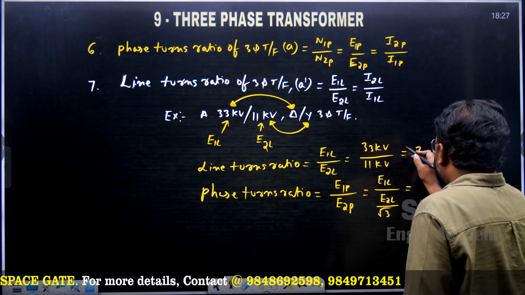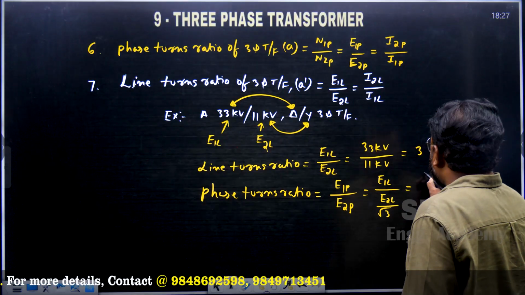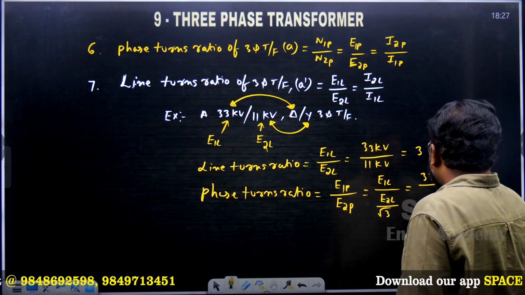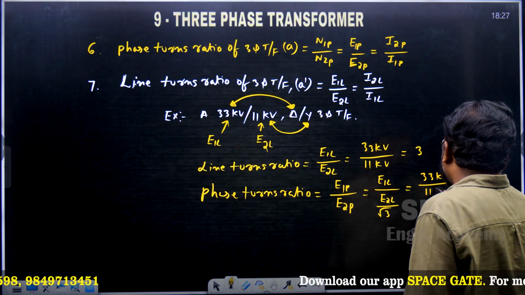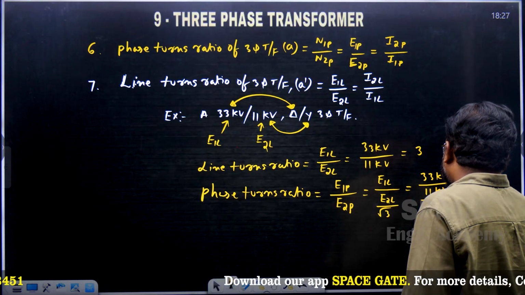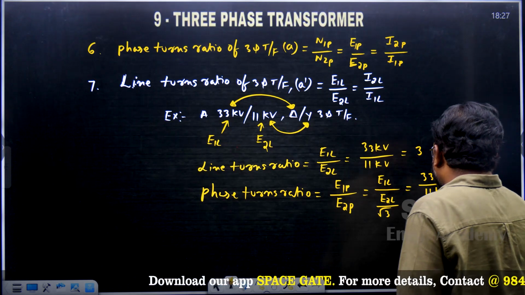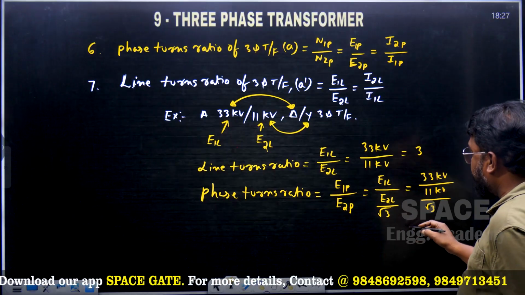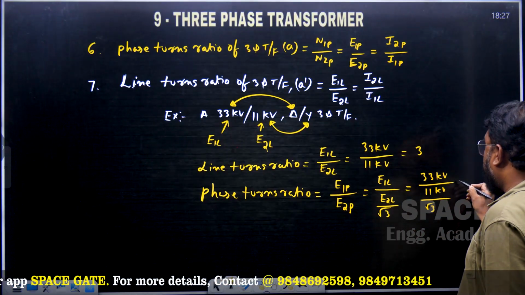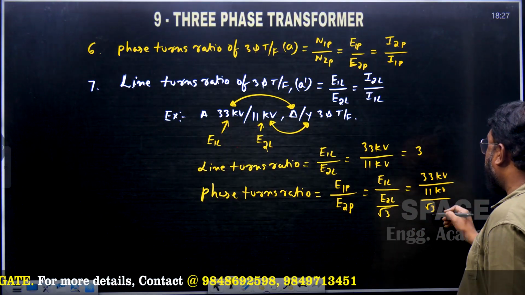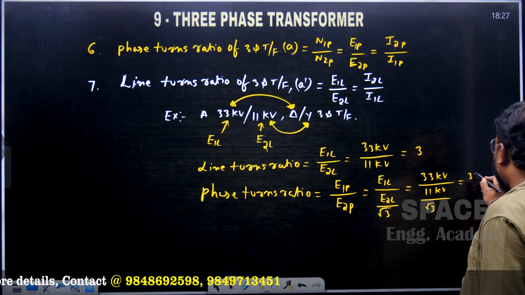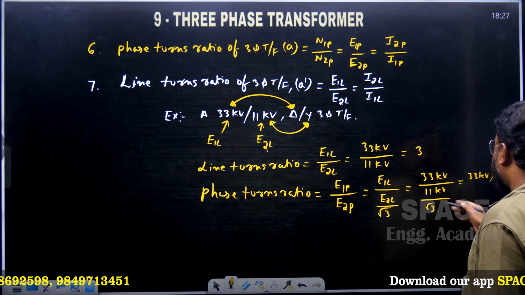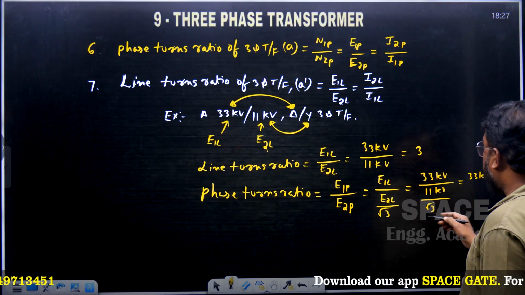So E1L is 33 kV, and E2L is 11 kV. So the phase voltage is 11 kV divided by root 3. So we can say E1 phase by E2 phase is equal to 33 kV multiplied by root 3 times 11 kV.